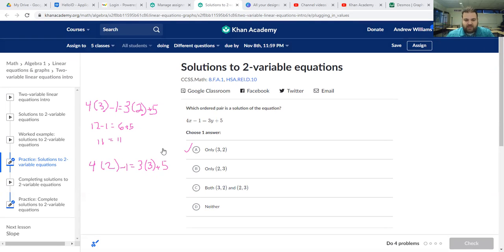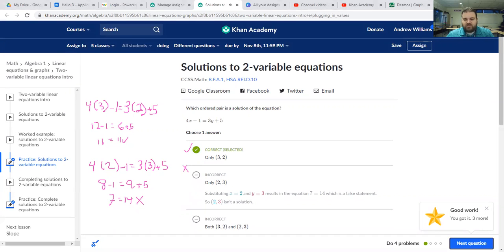Make sure that you put the X with the X value, the Y with the Y value. 4 times 2 is 8 minus 1. 3 times 3 is 9 plus 5. So we end up with 7 equals 14. Now 7 does not equal 14, right? That's not correct. This one was good. This one's not correct. So it's not neither, it's not both, and it's not B. It's just going to be A for this problem.